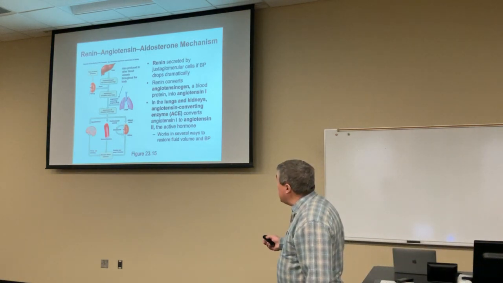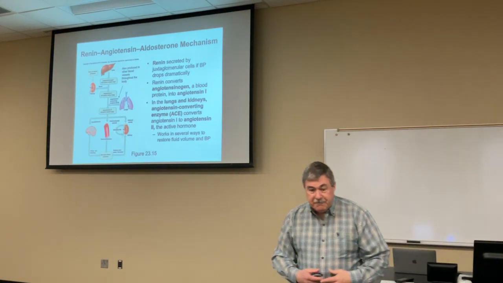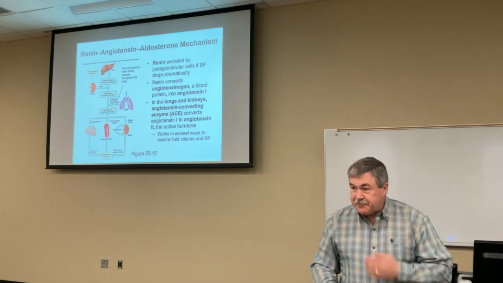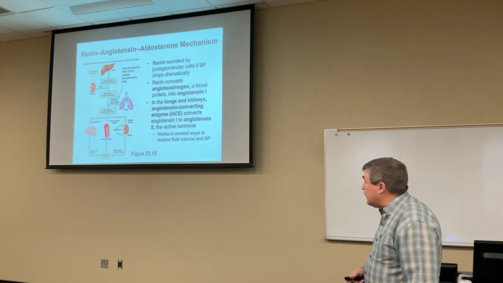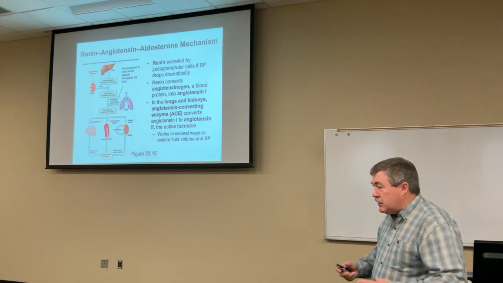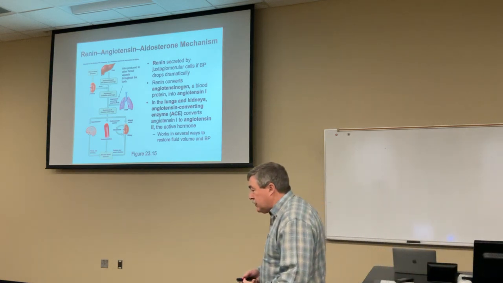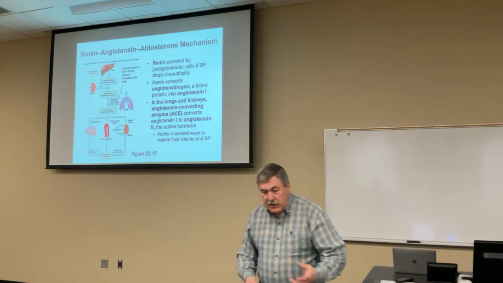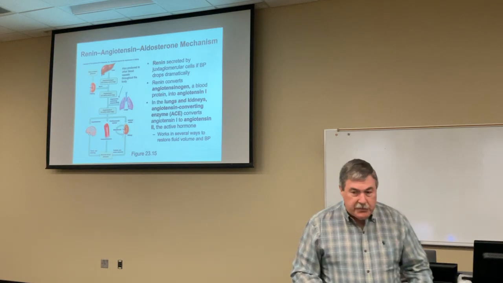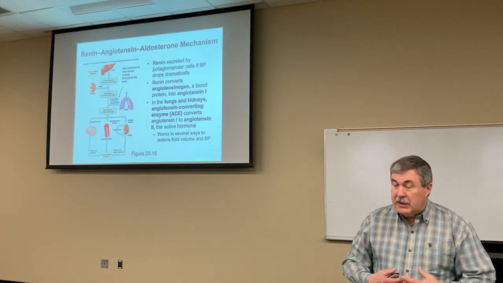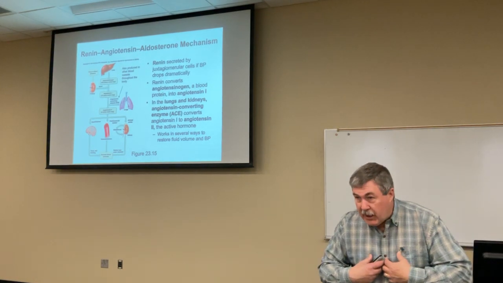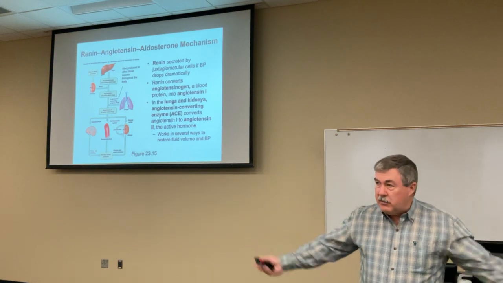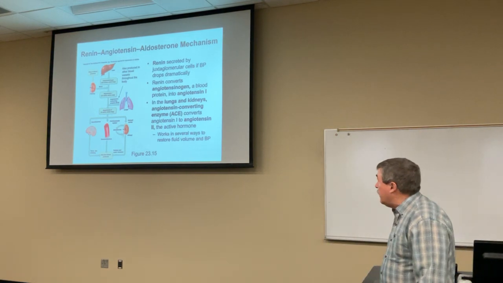So angiotensin 1 then circulates in your blood, and as angiotensin 1 passes through blood vessels, there's an enzyme in the endothelium of blood vessels. It's most highly concentrated in the lungs, but it is found everywhere in the body.